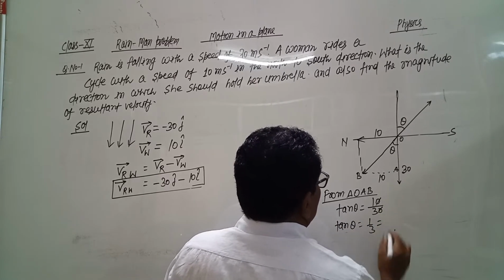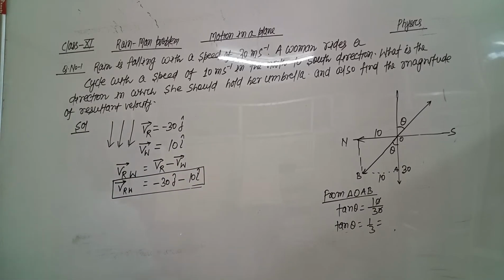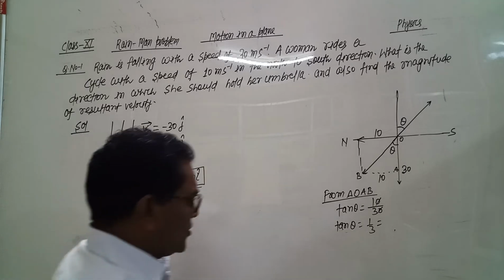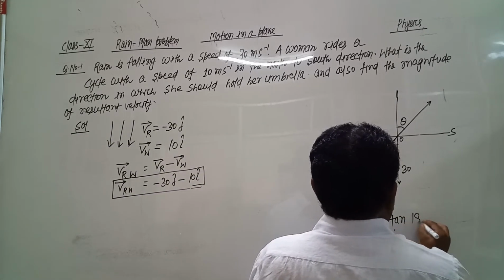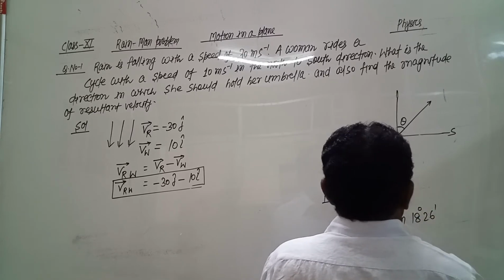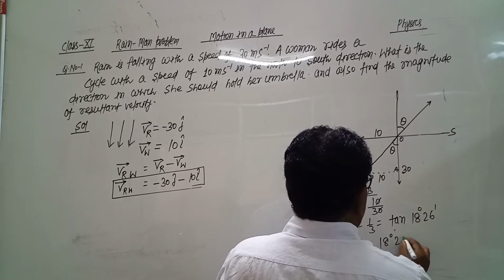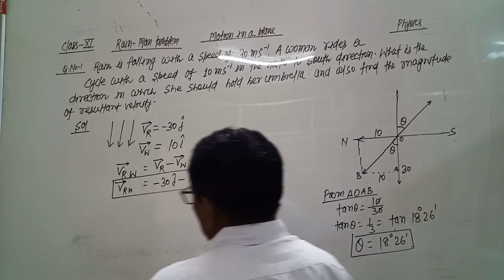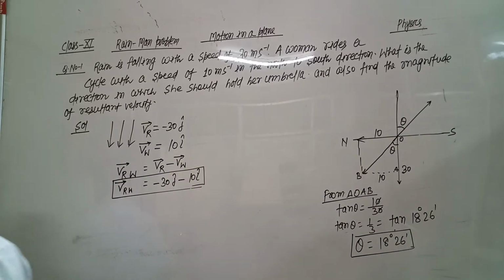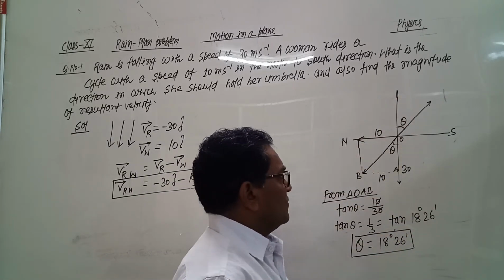Tan theta equals 1 by 3, which means 0.33. This is the value of tan 18 degree 26 minutes. So we get theta equals 18 degree 26 minutes. It means the woman should hold her umbrella at an angle of 18 degree 26 minutes inclined with the vertical.